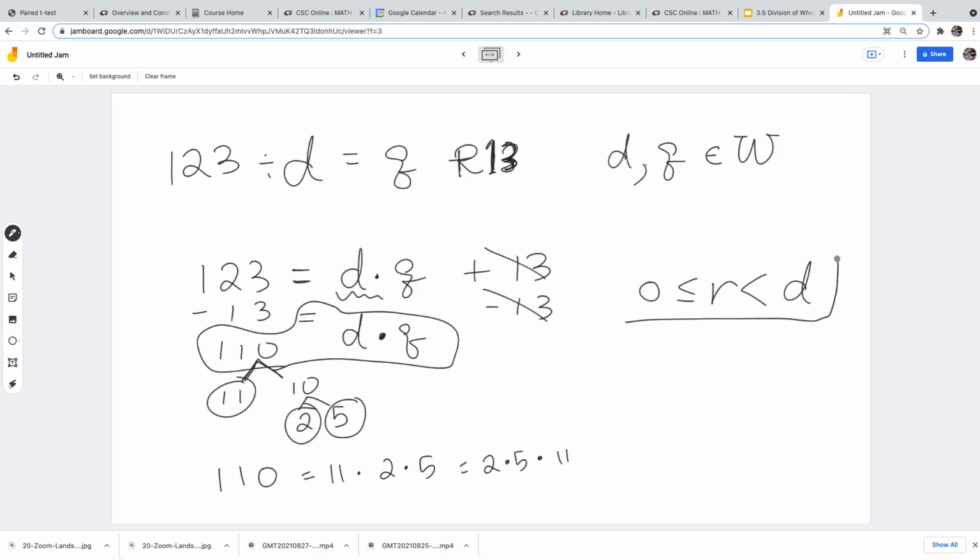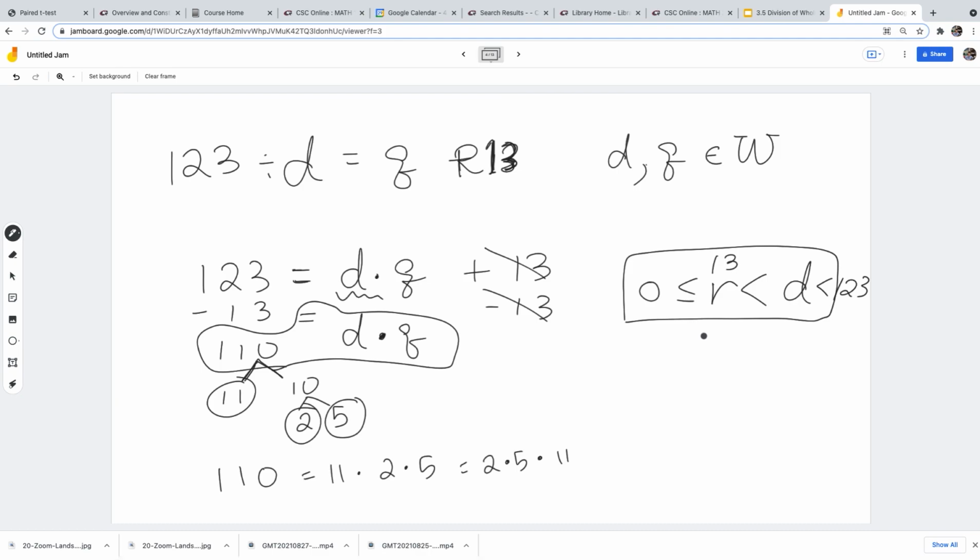So knowing this relationship and knowing that r is 13, what do we know about the divisor? The divisor has to be greater than 13. Of course, it should also be less than 123 because that's the dividend. But we also know that d times q is 110. So let me rewrite this again.